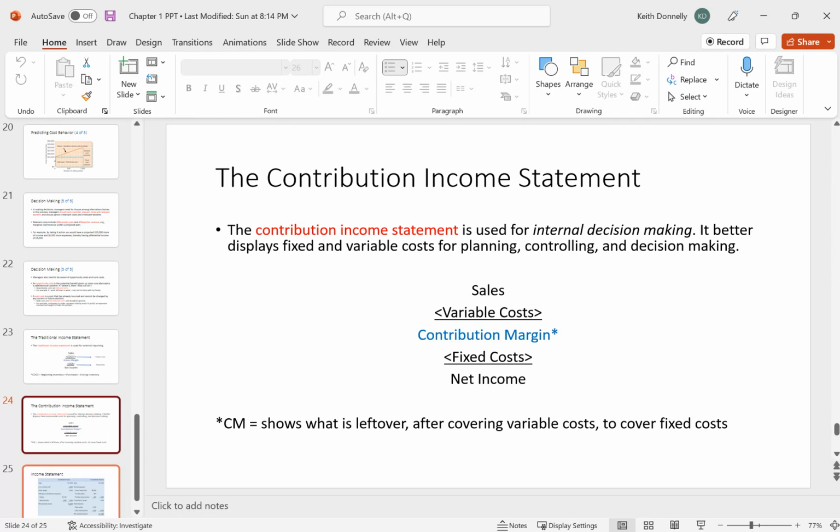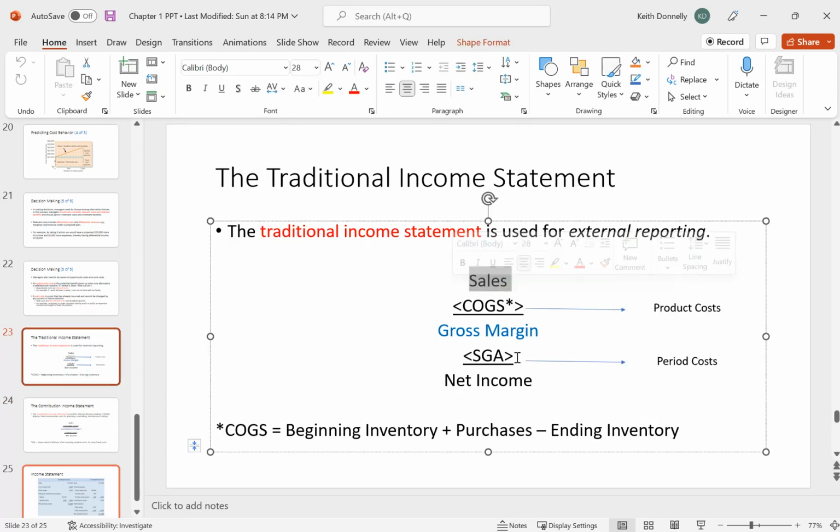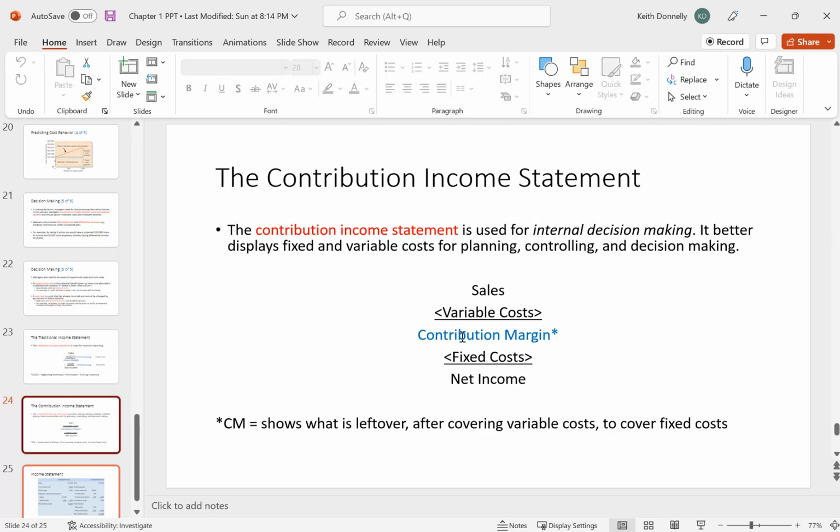So here we have our sales minus our variable costs gets us our contribution margin, minus our fixed costs gets us our net income, right? Different setup of it. The idea with it is the top number and the bottom number are going to be the same in each of them generally, right? What we're doing in between is we're jumbling them up.